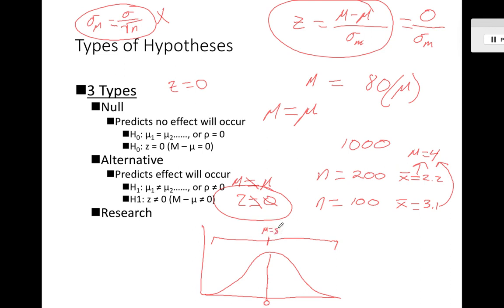Remember that z-scores tell me how far my raw score is from the mean in terms of standard deviations. So here we would assume that z equaling 0 would mean that your score is equal to the mean, correct?